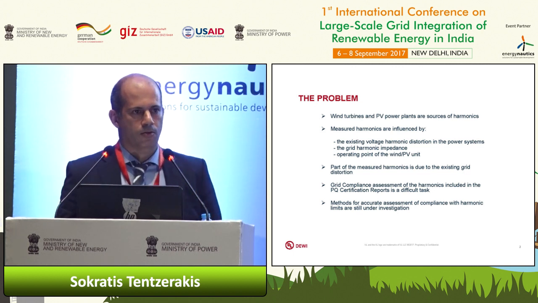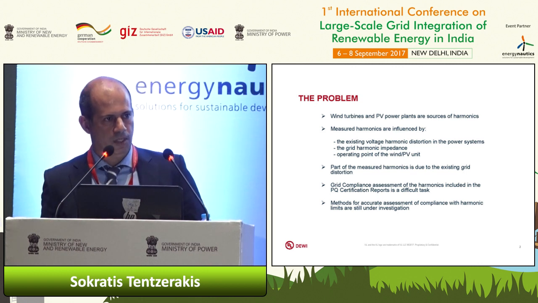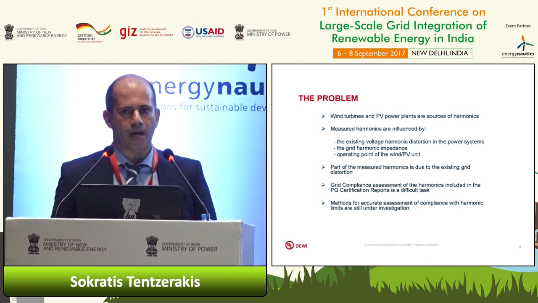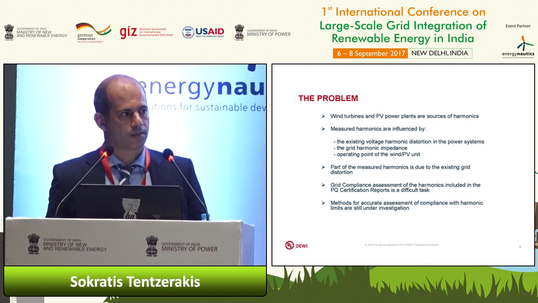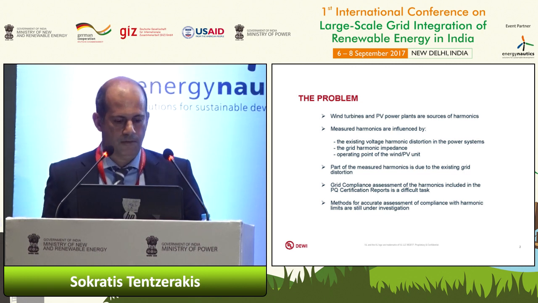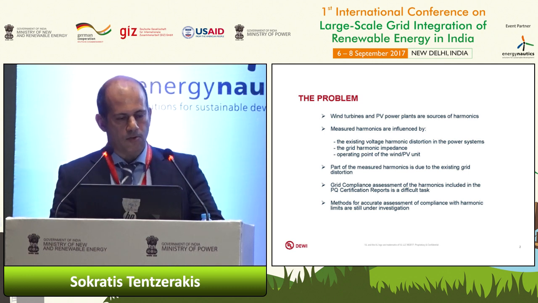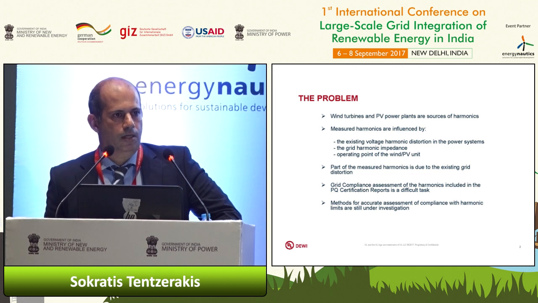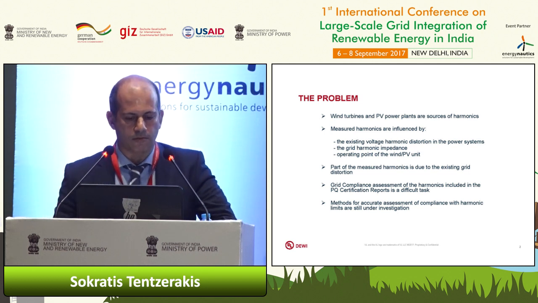This means that, okay, we have a test report, including some results in it, but in these results of harmonics, in some cases, part of these currents may be attributed to the existing grid influence. And in the end, the grid compliance assessment may become difficult, especially in cases when these values are approaching the limits or violating the limits.